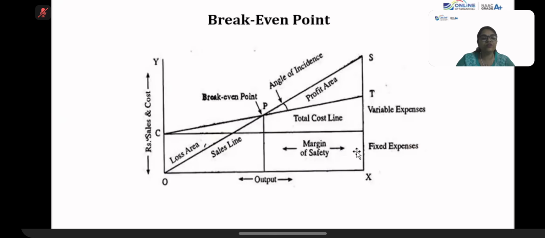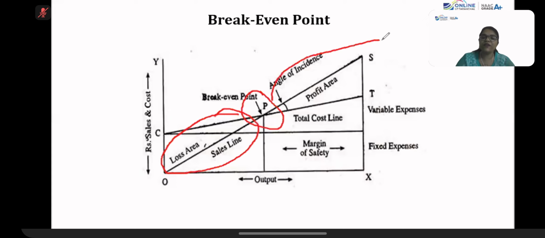So this is a graphical representation of break-even point. So if you see over here, this is your break-even point, correct? So below the break-even point, you have an area where there is a loss.